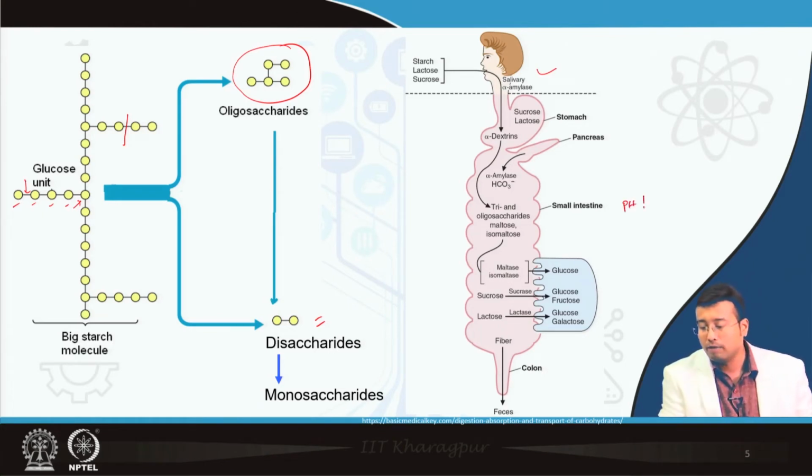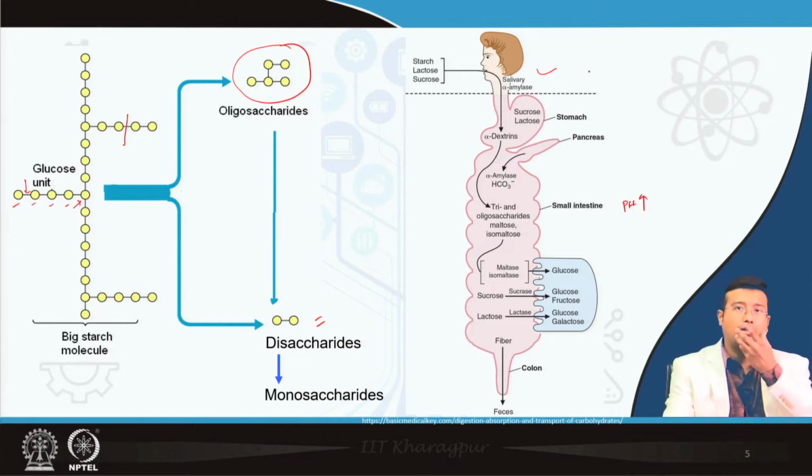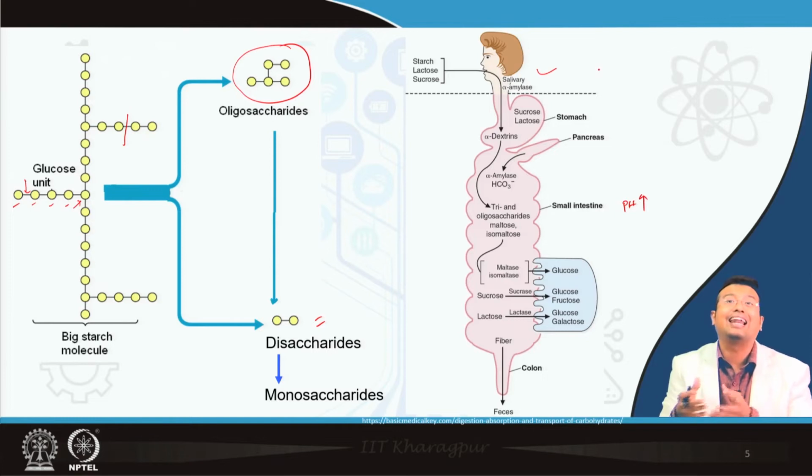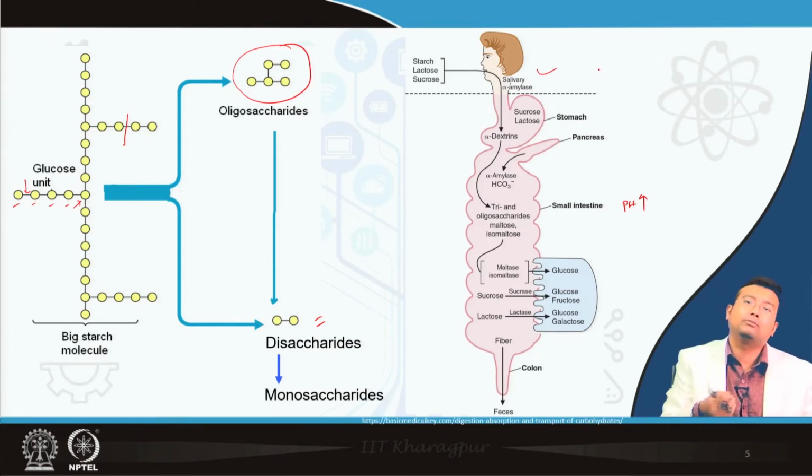So, pH should be high. In our oral cavity, and especially for the enzymes of the small intestine, they need alkaline pH, and intestinal juice has got alkaline pH.